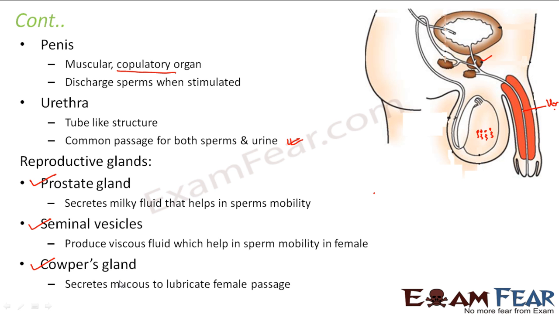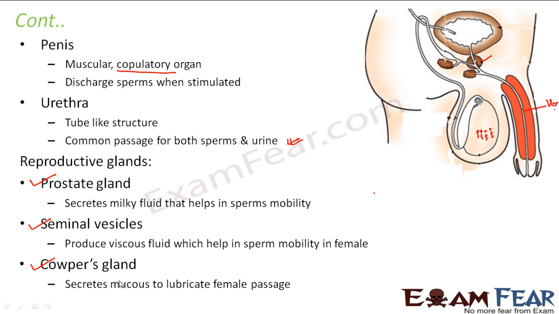So now this penis is inserted inside the vagina, and then the penis will secrete the sperm inside the female body. In order that the penis is able to insert itself inside the vagina, it is very important that the passage of the vagina is well lubricated.